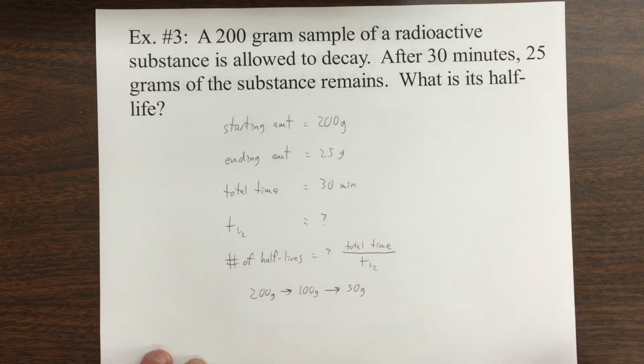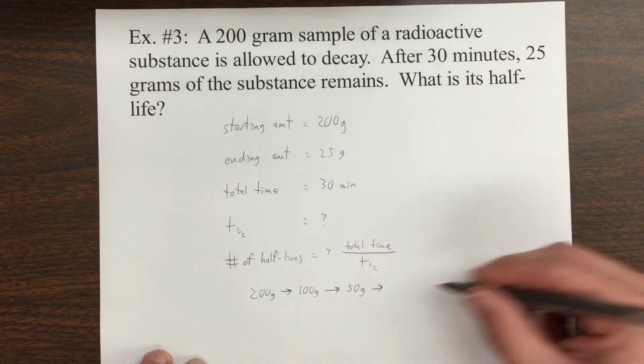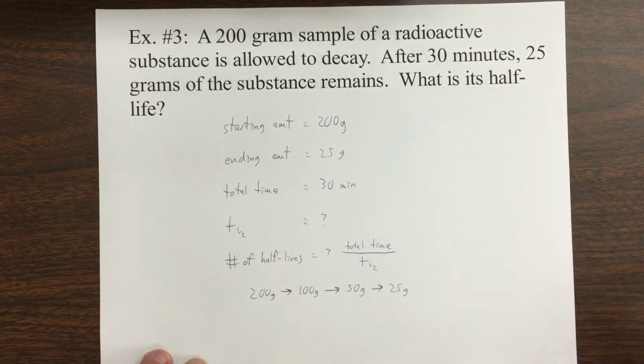Still not the correct ending amount, so we allow it to divide in half one more time, and we get 25 grams. So looking back, it took us 1, 2, 3 half-lives to go from 200 grams down to 25 grams. We had to cut our starting amount in half 3 times.